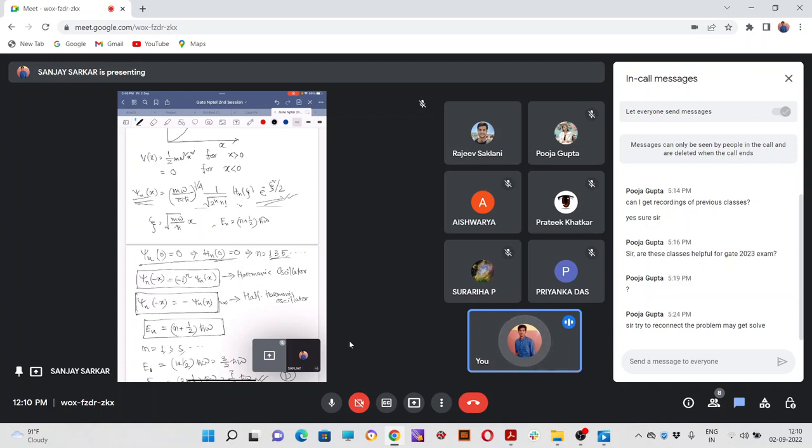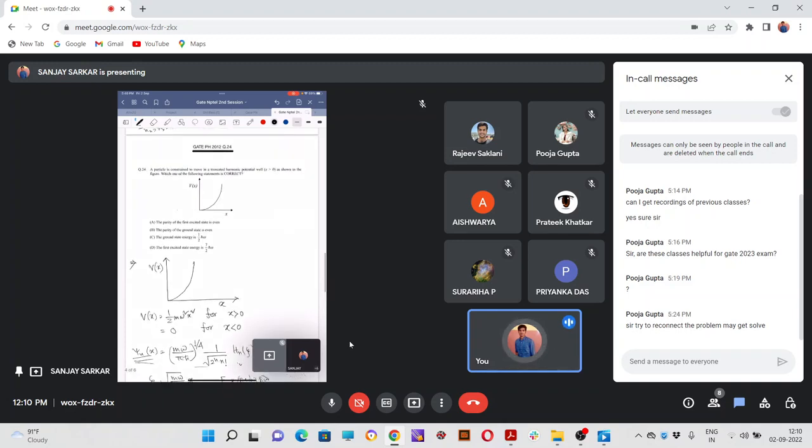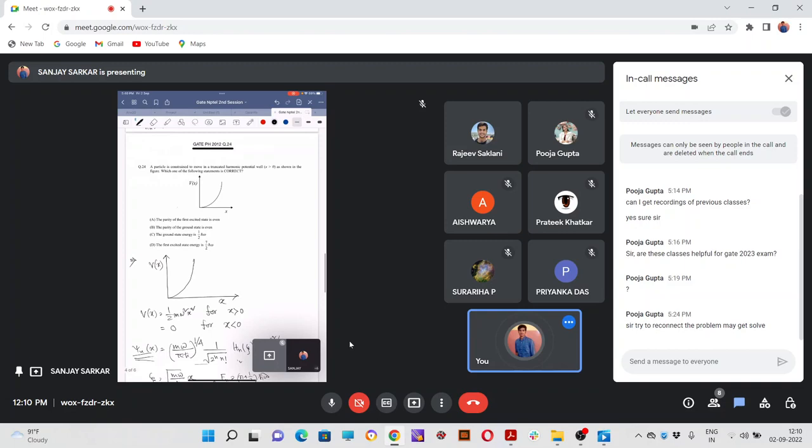That is, all the wave functions have odd parity. So options A and B cannot be true, because here the first excited state and also the ground state are said to be even, but for the half harmonic oscillator all the wave functions are odd.